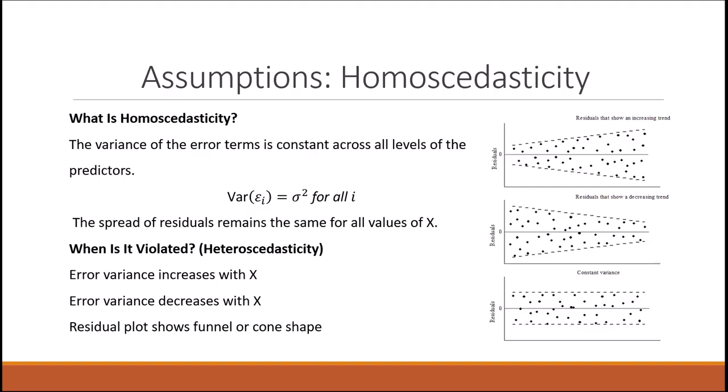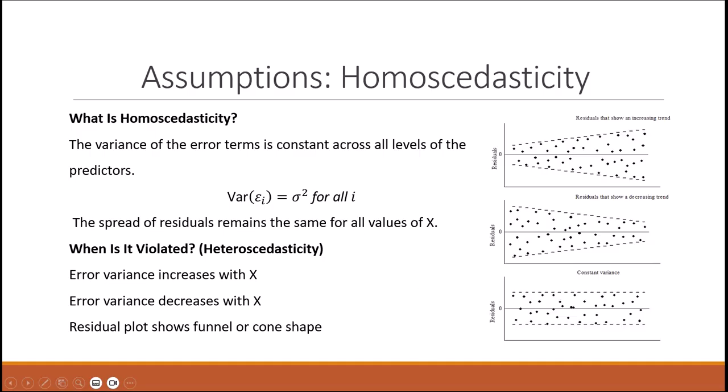Another assumption that we should follow if we want to use linear regression is homoscedasticity. What is homoscedasticity and what does it mean? It means that the variance of the error terms is constant across all levels of the predictors. So the spread of the residuals remains the same for all values.